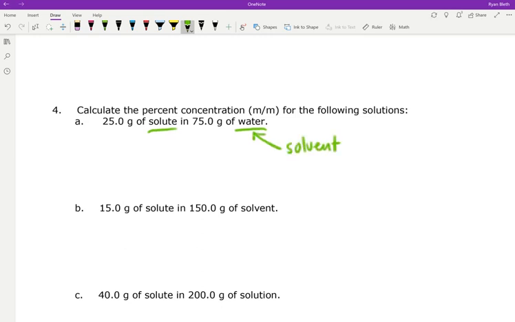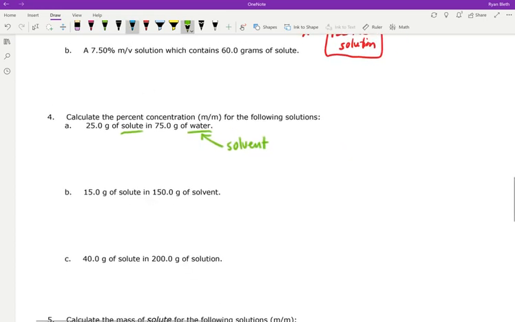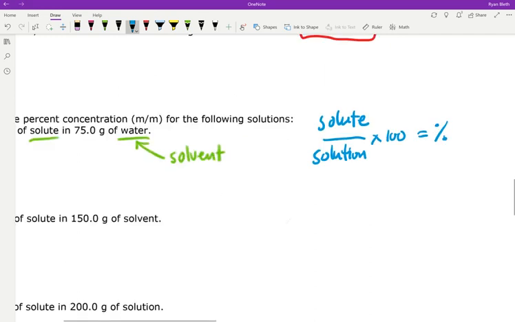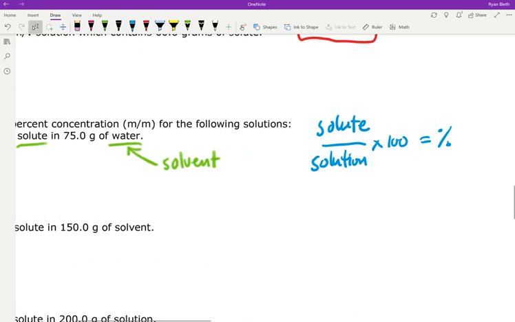Now, where in my percent concentration equation is the solvent? You might look at the concentration equation that we started out with, and you might say, well, it's not there. And you're kind of right, and you're kind of not. Percentage is solute over solution, times 100, and that gives us percentage. I look at that equation and I don't see solvent in there, at least not right away.